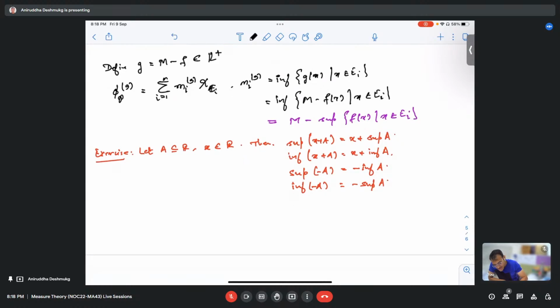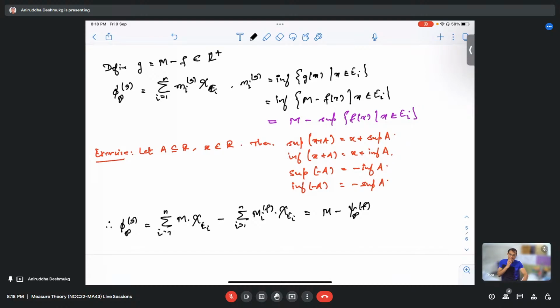So this small m_i is capital M minus capital M_i f. Therefore, this P_g is actually the sum from i equals 1 to n of (M minus M_i f) chi_{E_i}, which I can write as M minus C_P f, right?